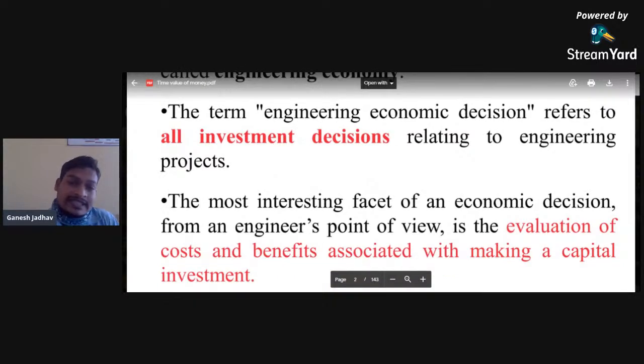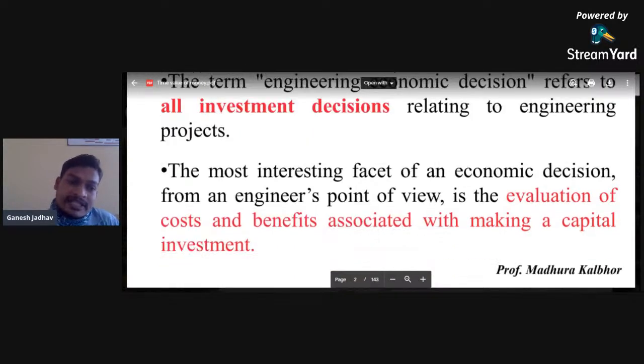The most interesting fact of an economic decision from an engineering point of view is the evaluation of cost. Cost is not the same at all times, so we consider increment and decrement of cost, and evaluate the cost as per the decision we have to take about that particular value.